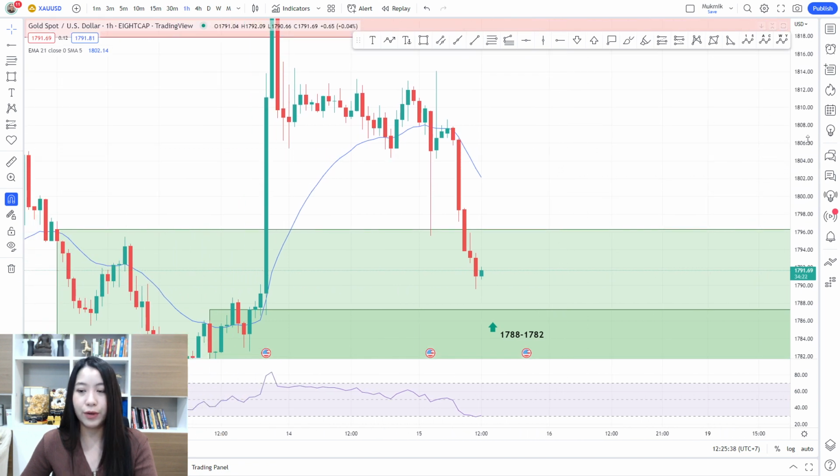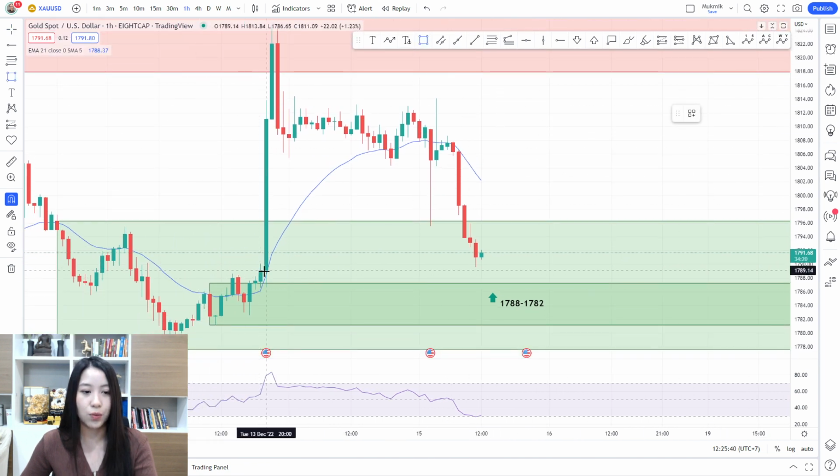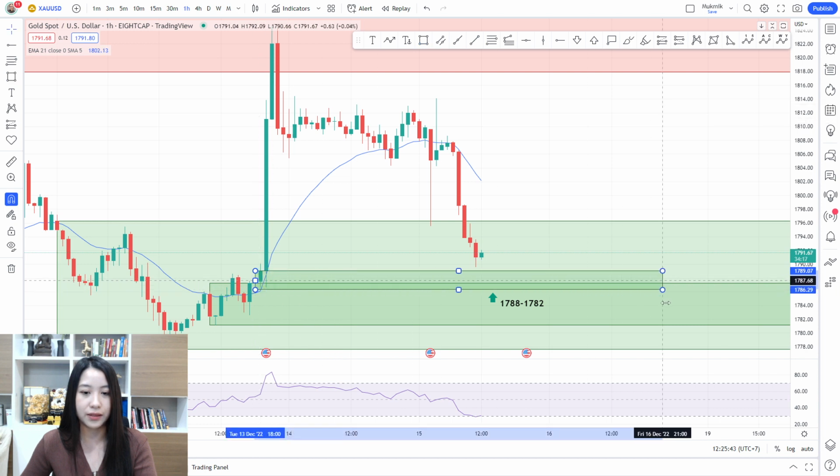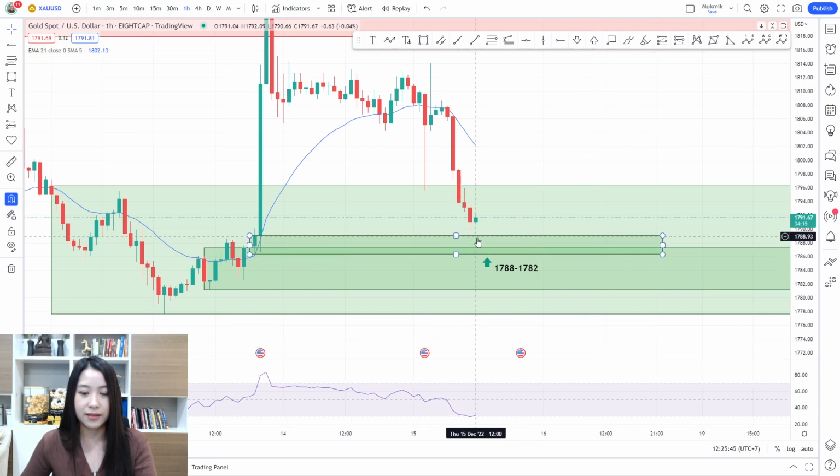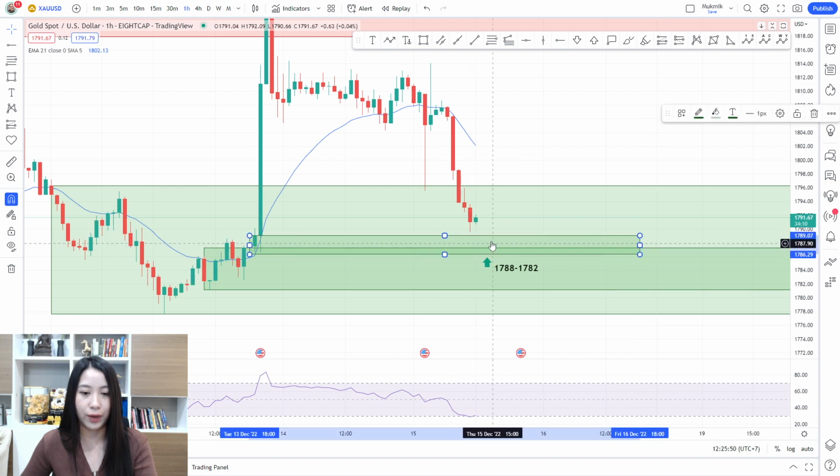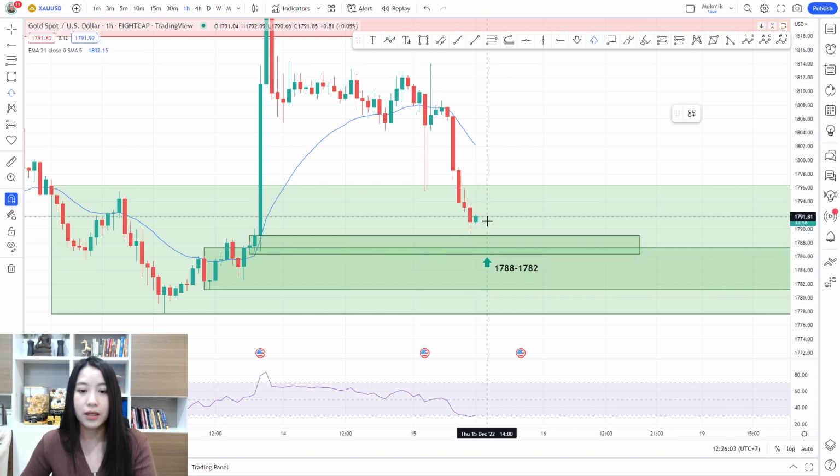For the 1 hour time frame, we don't have a clear supply zone as well, but we do have this demand zone, which is right before the 4 hour zone that we've been waiting for. For this demand zone of the 1 hour time frame, you will need the confirming signals in the 5 minutes time frame. This one is going to be around 1789 to 1786, so around the same plan.